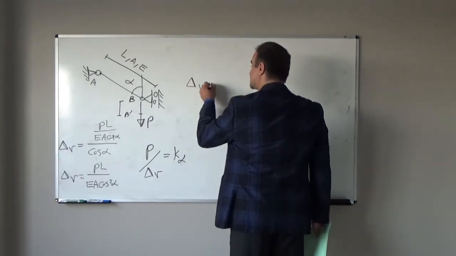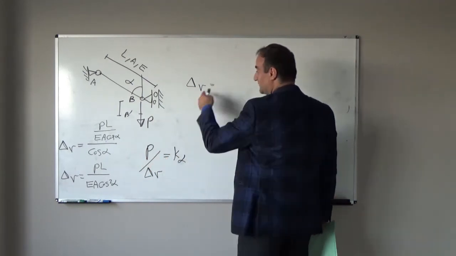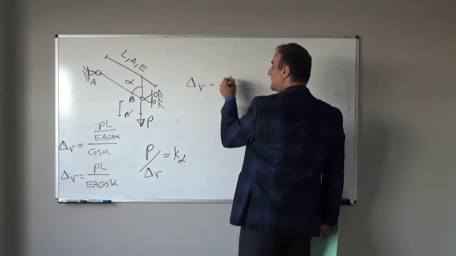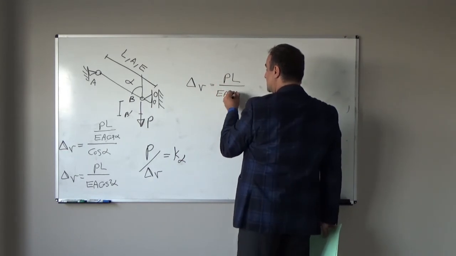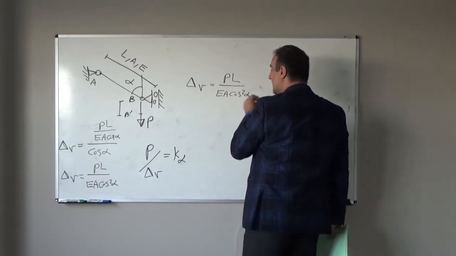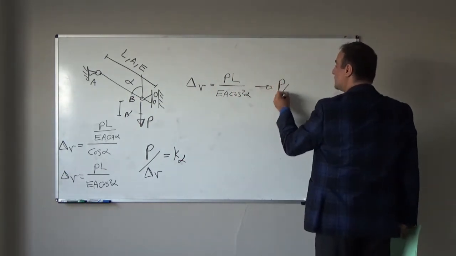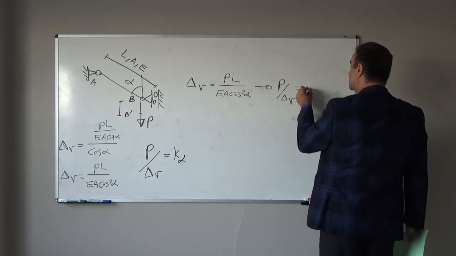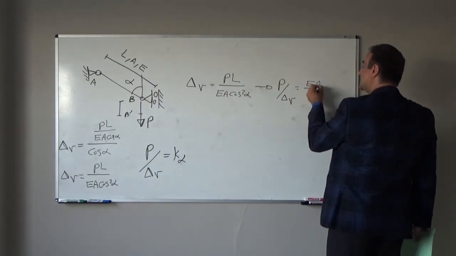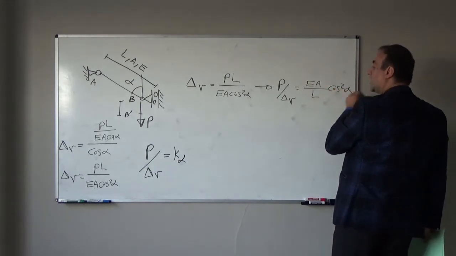Deformation in the force direction, force here in vertical direction, deformation in the force direction will be delta V, equal to PL over EA cosine square alpha. From here, I can write P over delta V is equal to EA over L cosine square alpha.